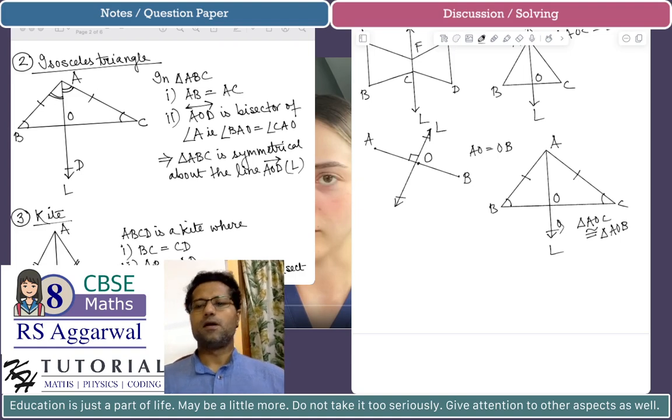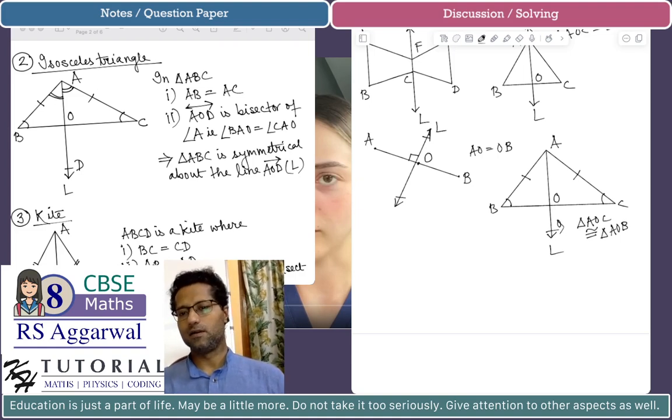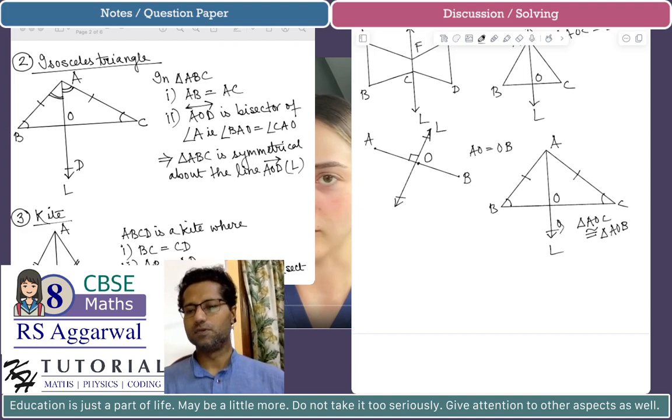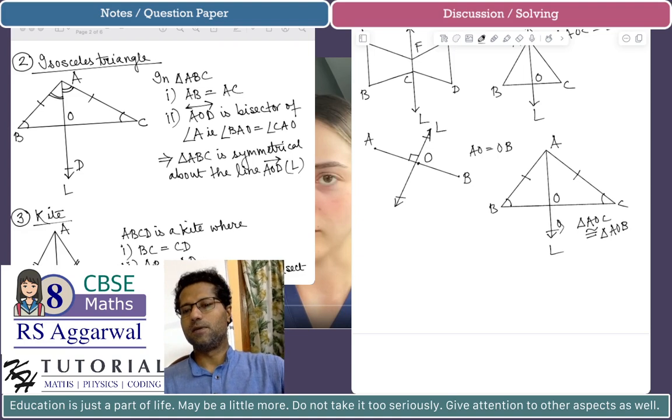That is, the triangle AOC looks identical to the triangle AOB. The original figure was triangle ABC, and the triangle AOC is the portion to the right hand side of the line of symmetry L, and the triangle AOB is the portion to the left hand side, and they are identical, or congruent. Hence, the isosceles triangle ABC is symmetrical about the line AOQ, which is the line L.